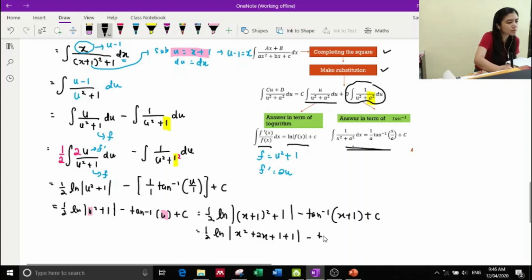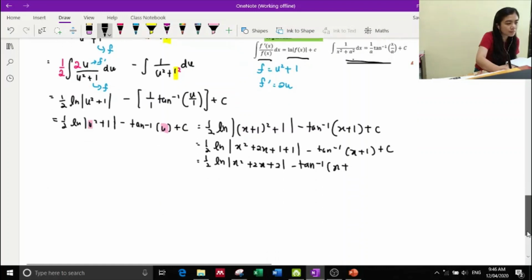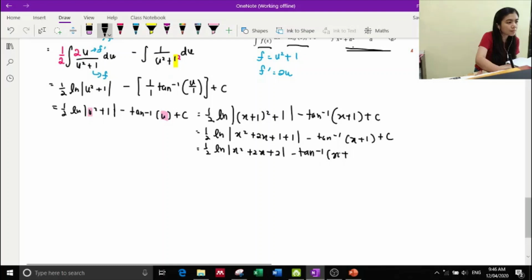So then, okay, let's simplify some more. So we have 1/2 ln of x squared plus 2x plus 2. Right, okay. So this is the answer for this example.